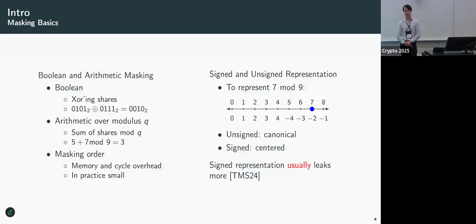This way you have a range that is centered around 0, and we call this the centered representation. In this case, you could store 7 mod 9 as minus 2. There has been a recent study that shows that if you choose to use the signed representation, then the attacker might be able to learn more information about the secret that you are protecting.